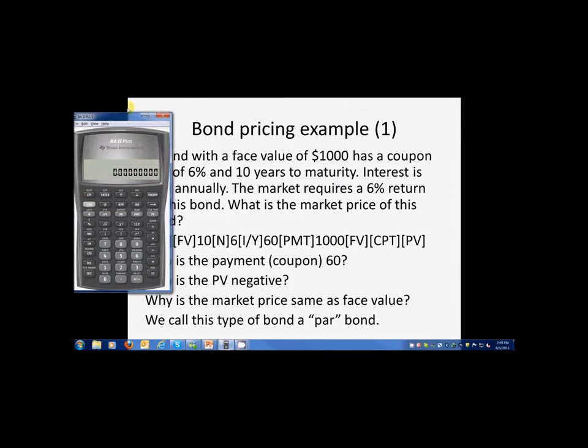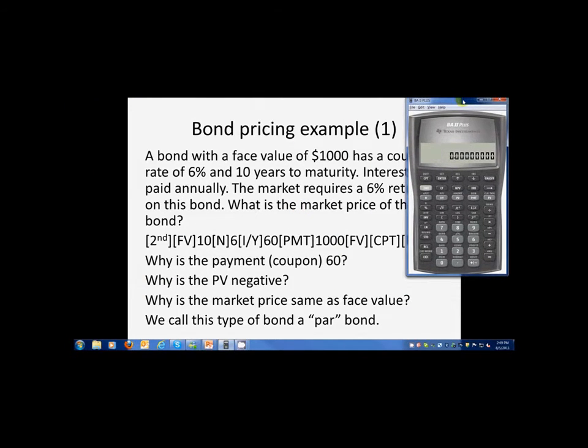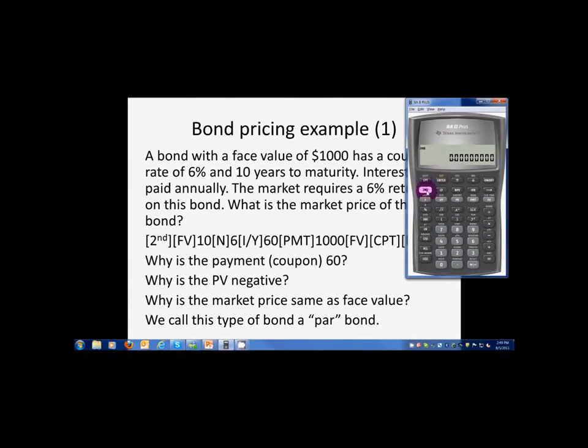There's our TI BA II Plus, and as always we want to do second clear TVM just to clear its little mind. We have 10 years to maturity, N equals 10. Doesn't matter what order you put these things in, but we'll just go in this way. 6 I/Y, that's your yield to maturity, the required return by investors. Now the coupons we said were 6% of 1,000.